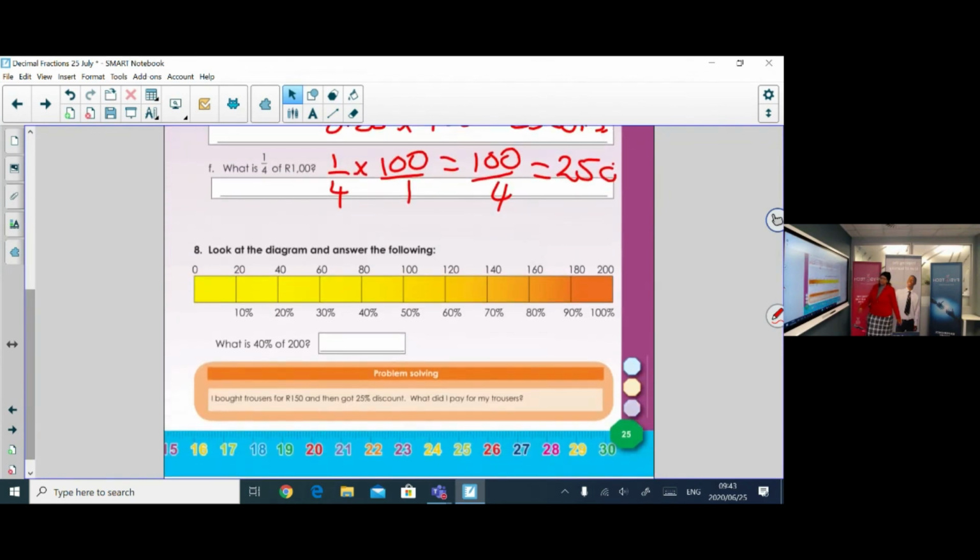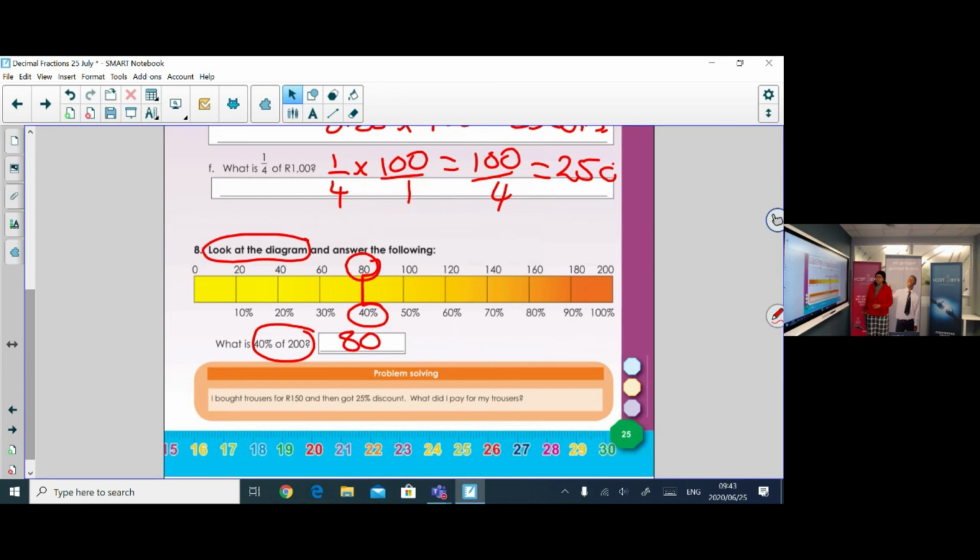Question 8. Look at the diagram and answer the following from the diagram. Remember to read the instructions. From the diagram, we are calculating 40% of 200. This is interesting because you just go to 40 here, you go up, and your answer will be 80.